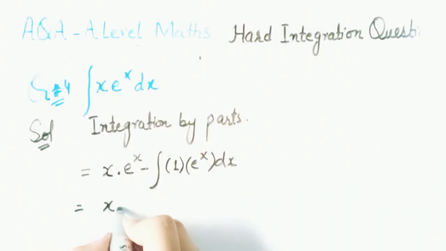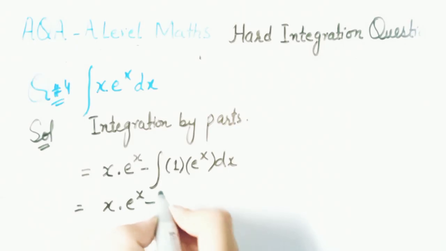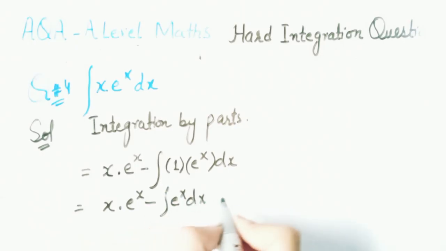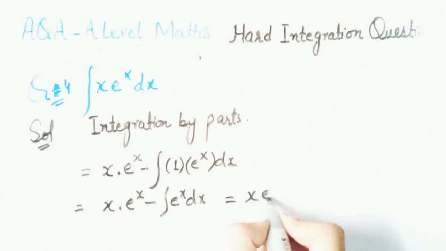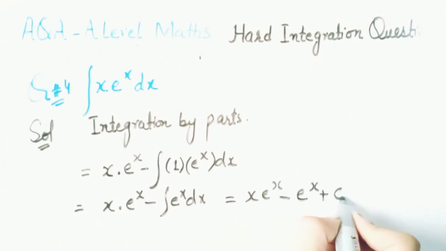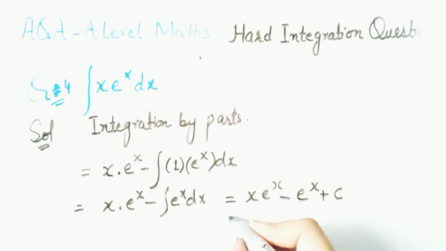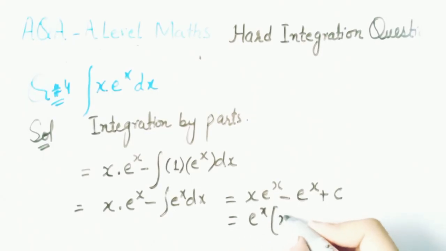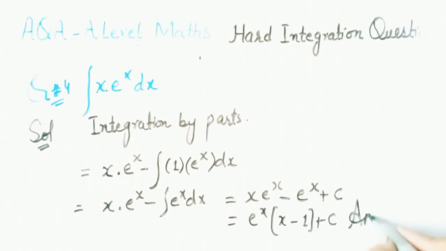It will become x·eˣ − the integration of eˣ dx. This will become x eˣ − eˣ + c. From this you can take eˣ as common, so eˣ(x − 1) + c is the answer.